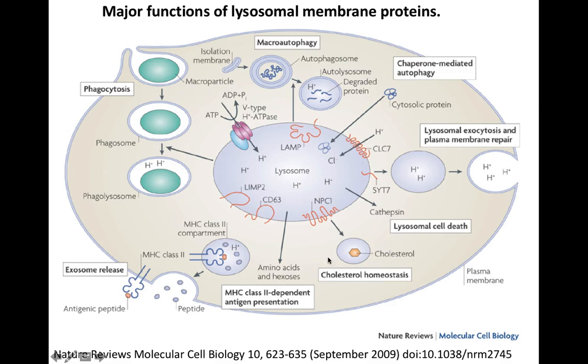They're involved in cholesterol homeostasis. They're involved in adaptive immunity by the release of amino acids and exocytosis, and in MHC class II dependent antigen presentation. There are also several other functions that are performed by the lysosomes.